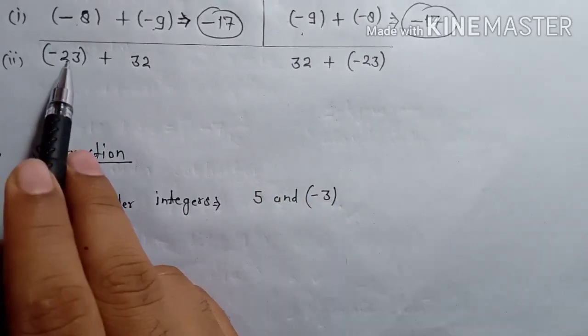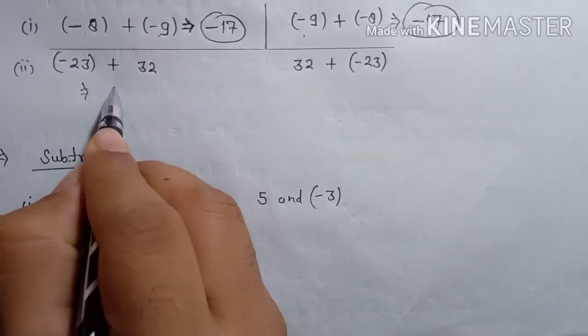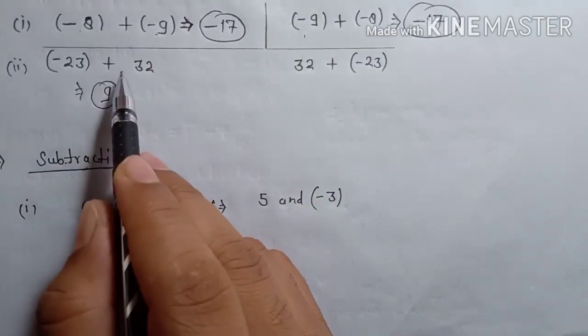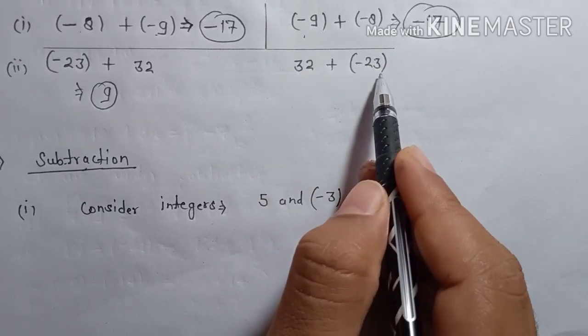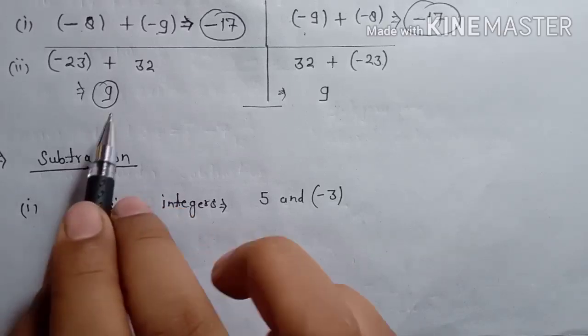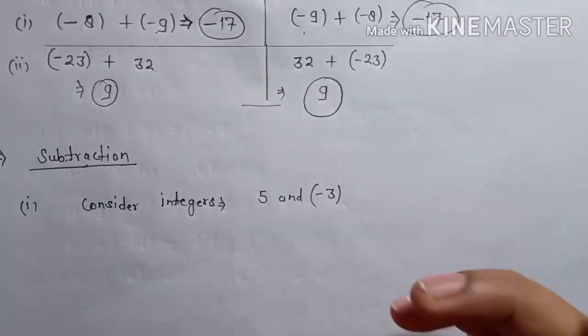Again, if you add -23 and 32, our result is +9. And if we change the order, first write 32, then add -23, again the result is 9. So changing the order doesn't affect our result.